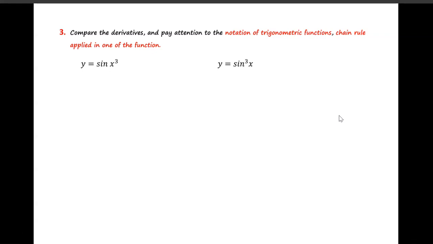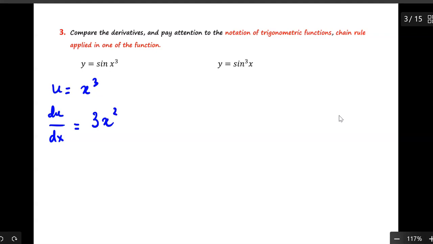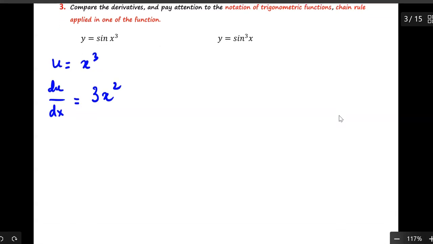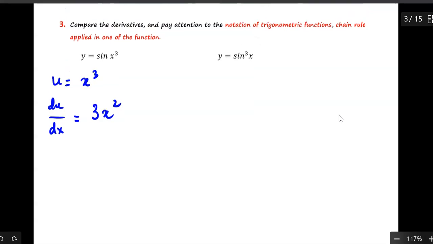So for this, u will be equal to x to the exponent 3. So then I will find du over dx, which is equal to 3x squared. Alright, so what is the formula for finding derivative of sine? So derivative of sine of u as a function of x will be equal to cos of u times du over dx.